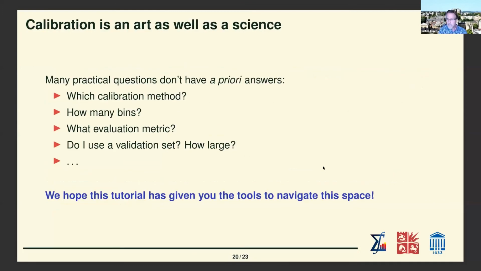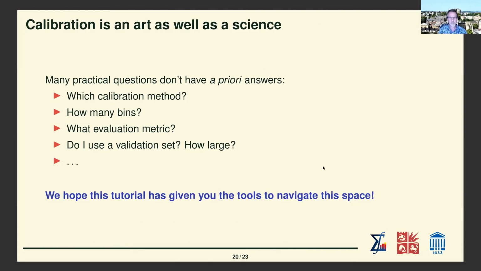And finally, like many things in machine learning, calibration is an art as well as a science. So we've tried to teach you both today, in a sense. We went back to first principles and tried to give the context, but we also tried to discuss lessons learned and things that we found out while doing this practically.